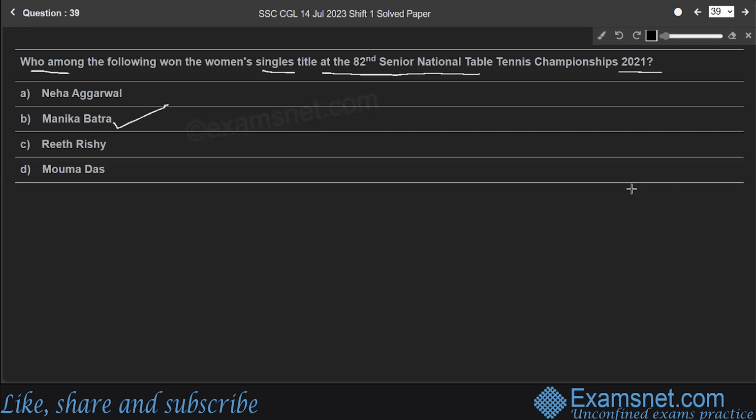As of November 2020, she is the top ranked female table tennis player in India and ranked 50th in the world as of March 2022.